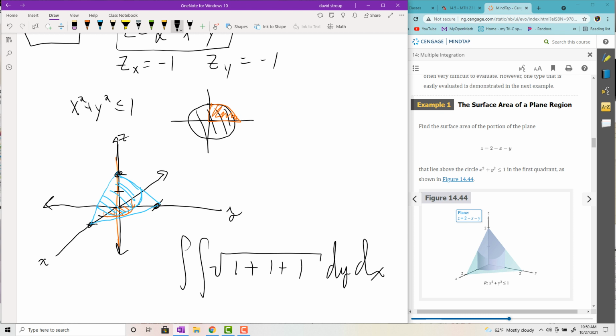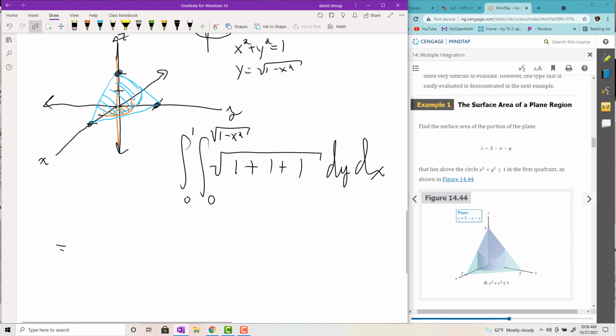So in the dy part, I'm going from y equals 0 to y equals the square root of 1 minus x squared. That's just from this equation solving for y, excuse me. And then on the x-axis, I'm going from 0 to 1, like that.